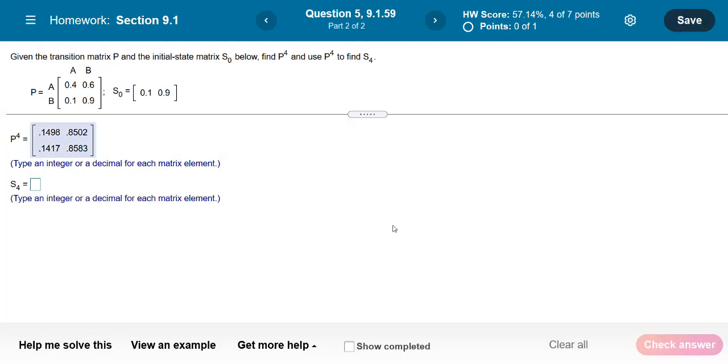So, on the B part, we're wanting the 4th state matrix, S sub 4. And the formula for S sub 4 is S sub 0 times P to the 4th power. Now, P to the 4th power is what we just did. This is what it looks like on my calculator.